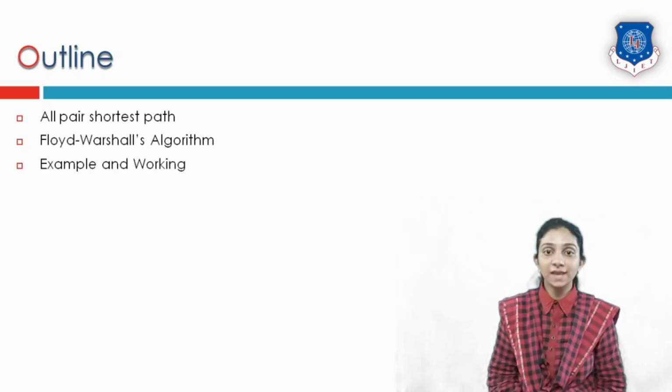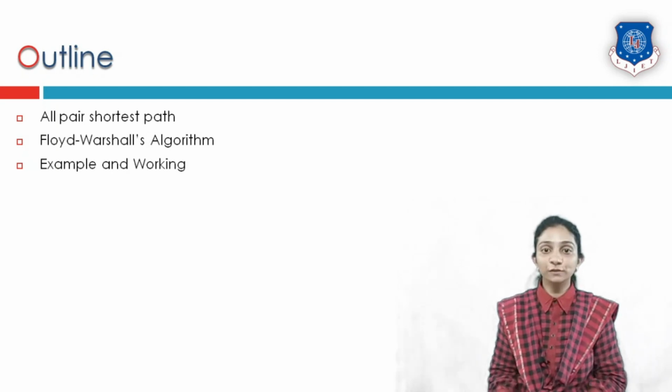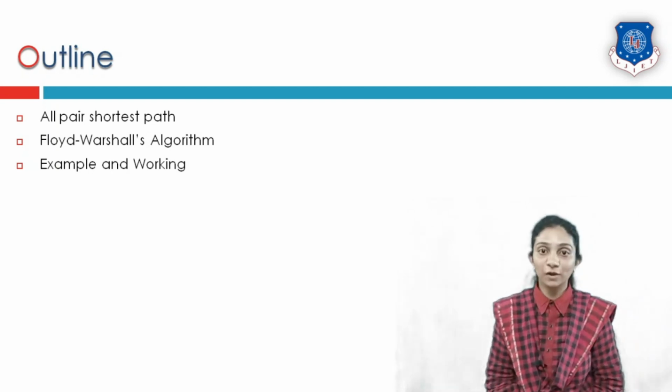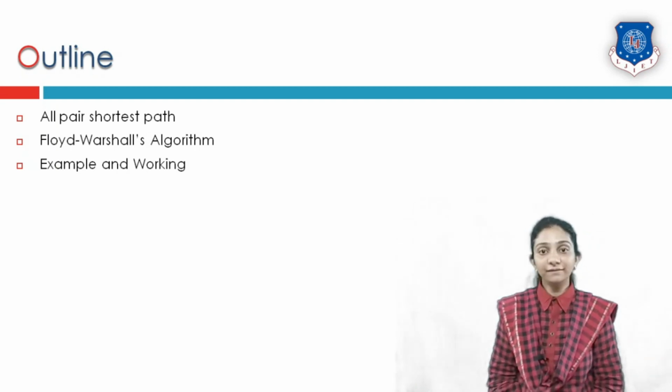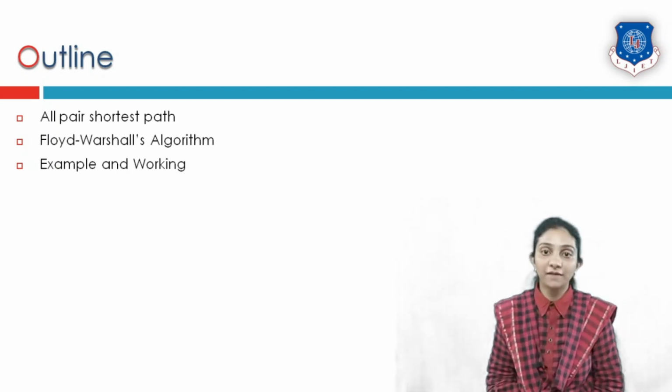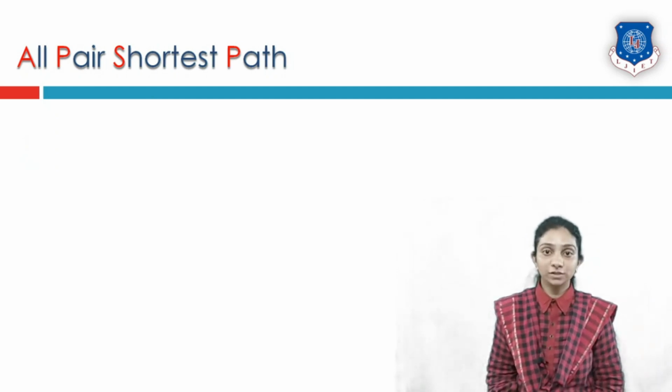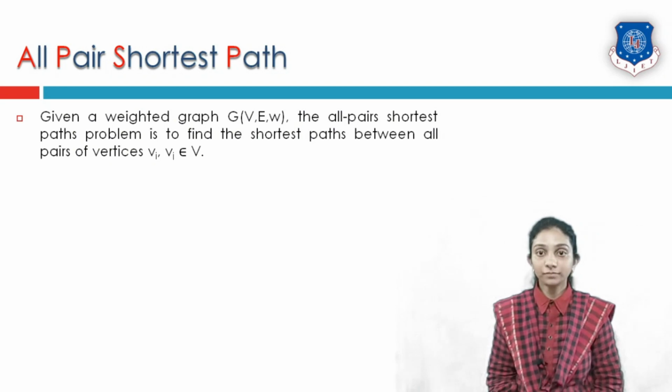Followed by that, we will see an example that is used to solve the all pair shortest path problem using Floyd's-Warshall algorithm, and we will also see the working of the algorithm itself. Let us start with the all pair shortest path problem.